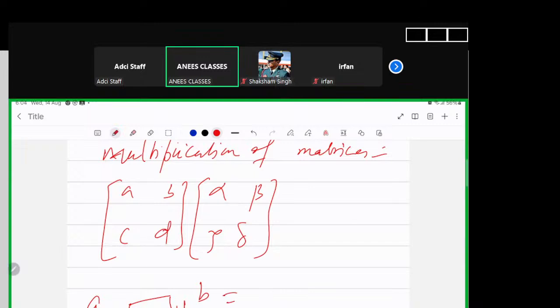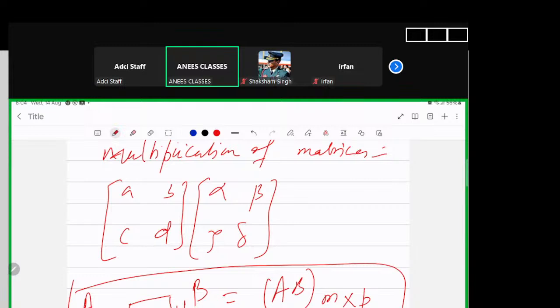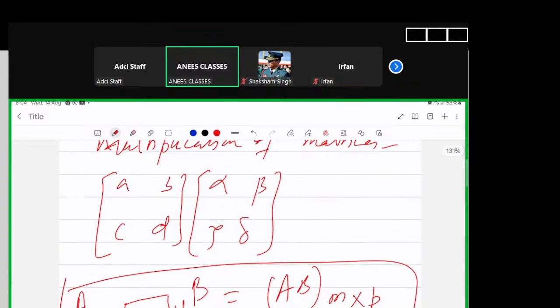Then you will finally get AB as M cross P. Understood? This is called the multiplication condition. Very, very important. Understood, Saksham? Yes, sir.